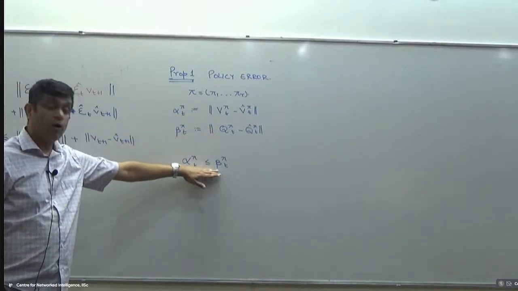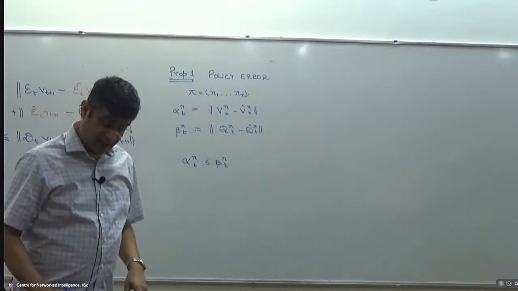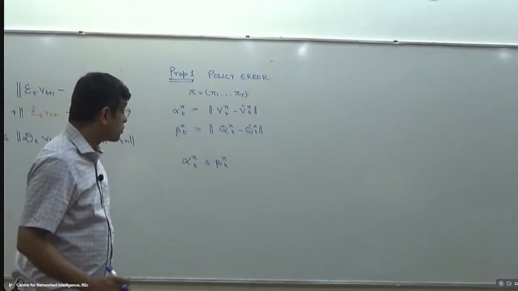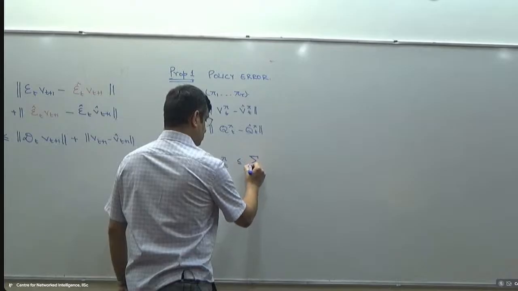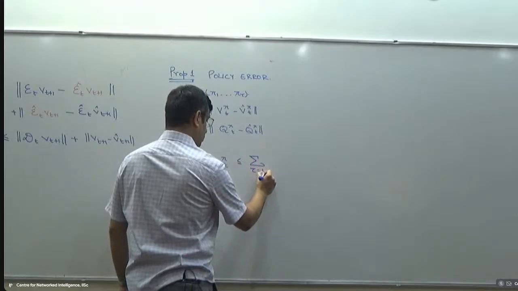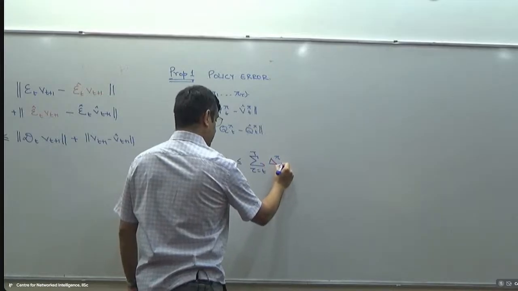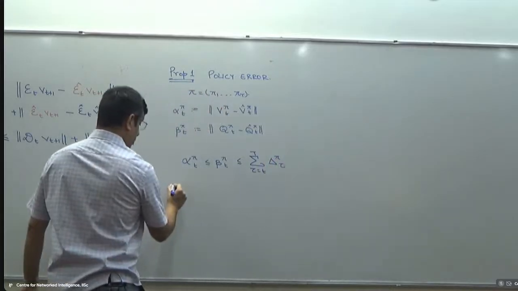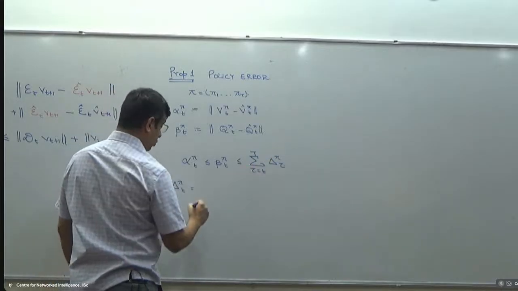And I want to get a bound on this quantity. What I will get is that this is less than or equal to the summation from tau equals t to capital T of some quantity which will depend on the policy and tau, where I define delta pi t to be the thing that I had here.